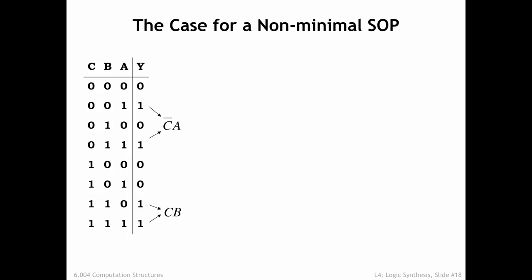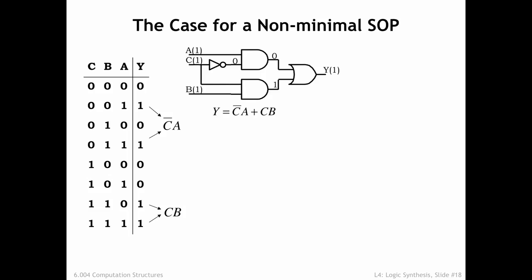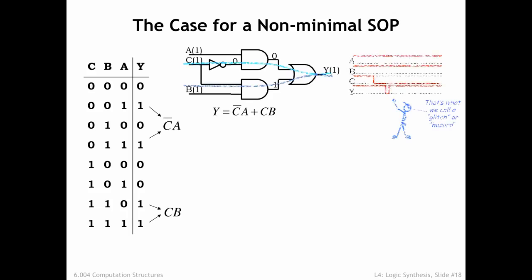Seems like that would minimize the circuit cost and maximize performance. A good thing. The simplified circuit is shown here. Let's look at how it performs when a is 1, b is 1, and c makes a transition from 1 to 0. Before the transition, c is 1, and we can see from the annotated node values that it's the bottom AND gate that's causing the output y to be 1.